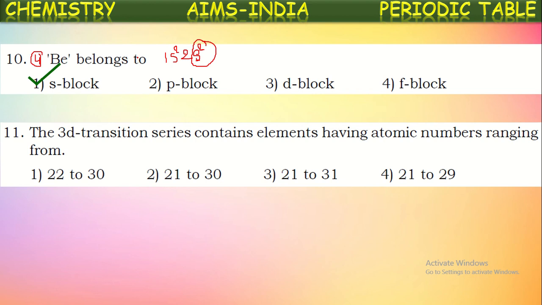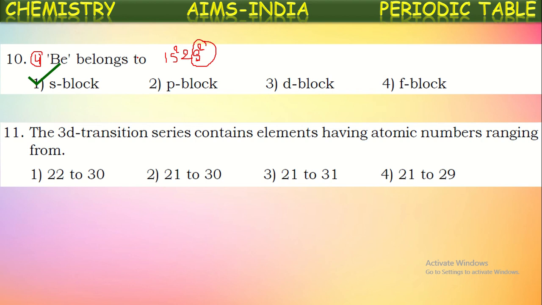Out of these, the first horizontal row is present in the fourth period, that is from scandium to zinc, 21st element to 30th element. They contain their outermost electron or differentiating electron in their 3d subshell.